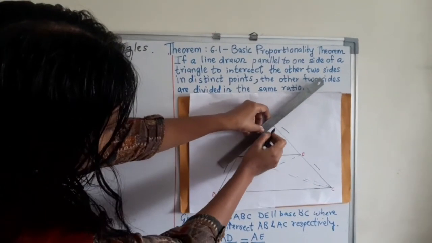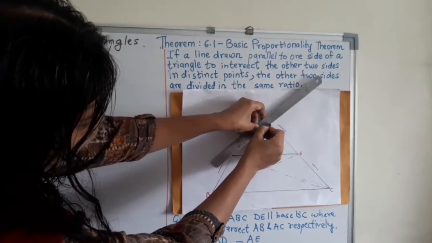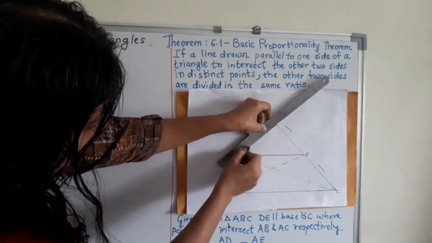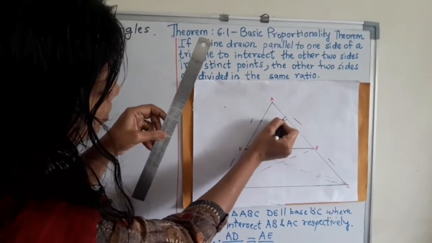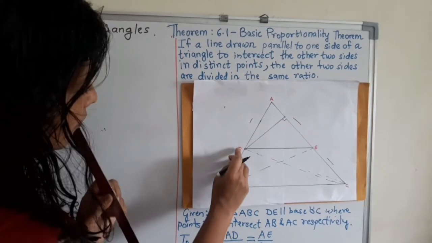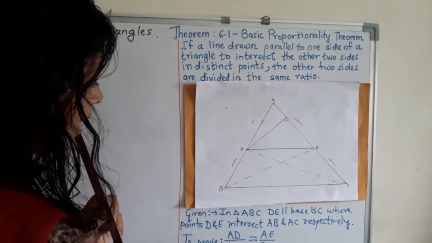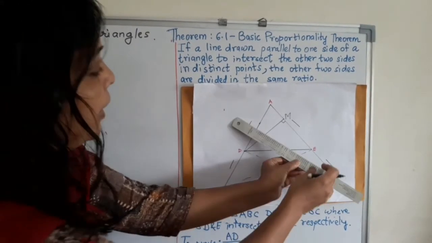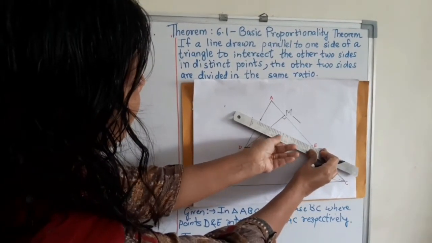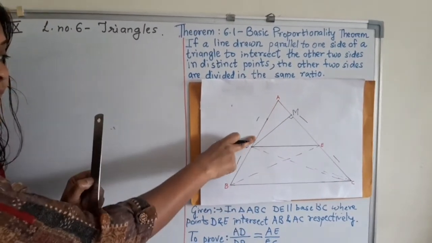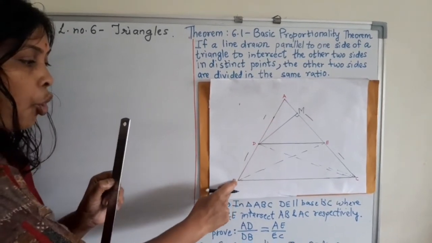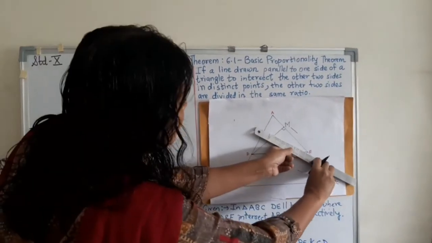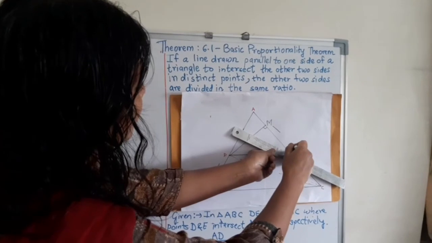We name that perpendicular DM, and the perpendicular from point E on AD, or we can say on the whole AB, is EN.